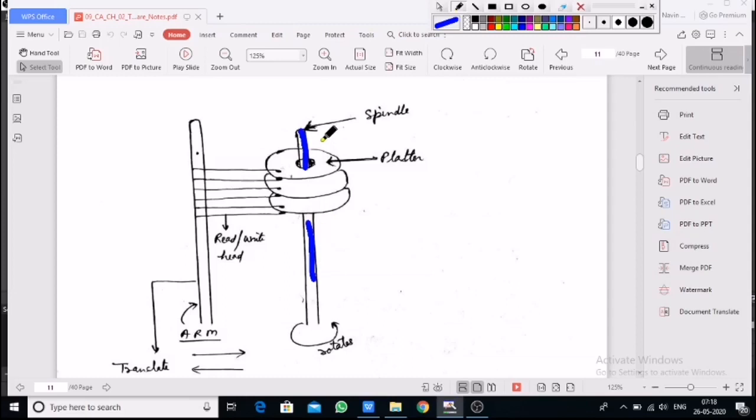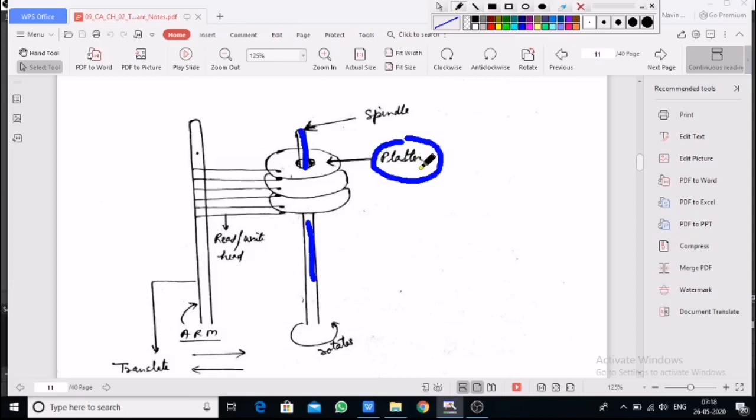And this hard disk is made up of platters. Platters are circular structures, CD-type circular structures. It depends on how many platters there are in a disk.